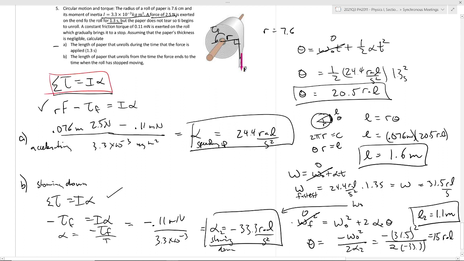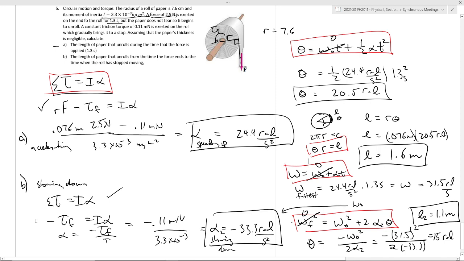We worked with sum of the torque equaling I alpha, but we also made use of our kinematics expressions for rotational motion. So this is a nice problem just to tie all those pieces together, including even the fact that theta times r gives you the length. So hopefully this helps you as you study and get ready for the final.